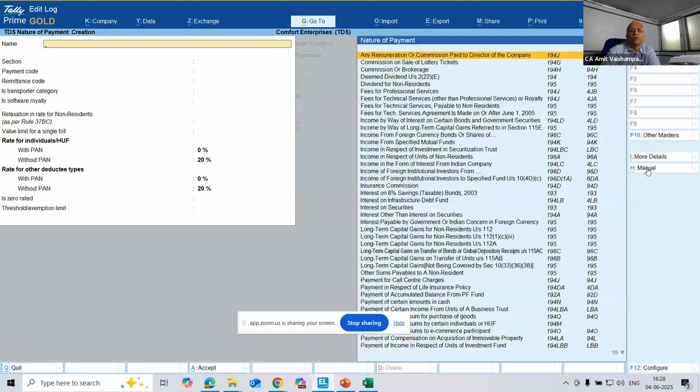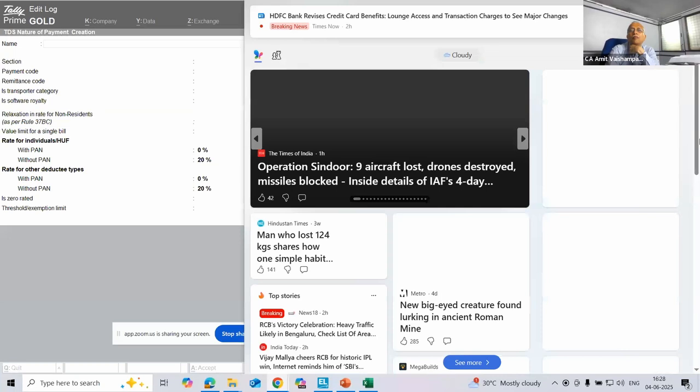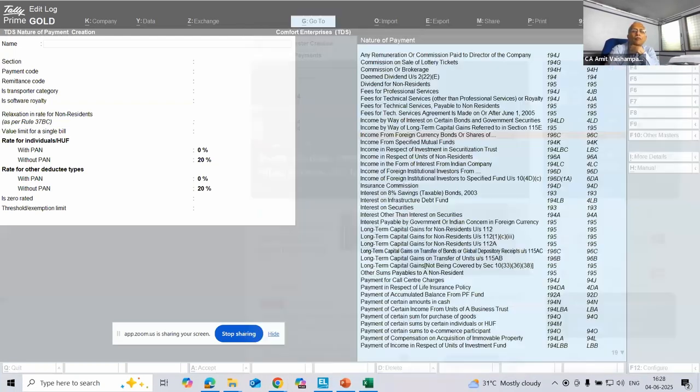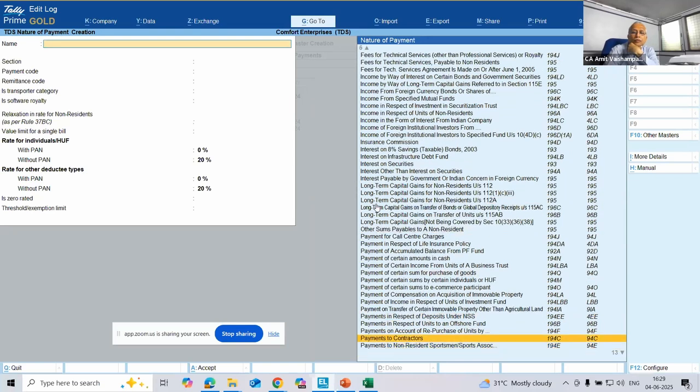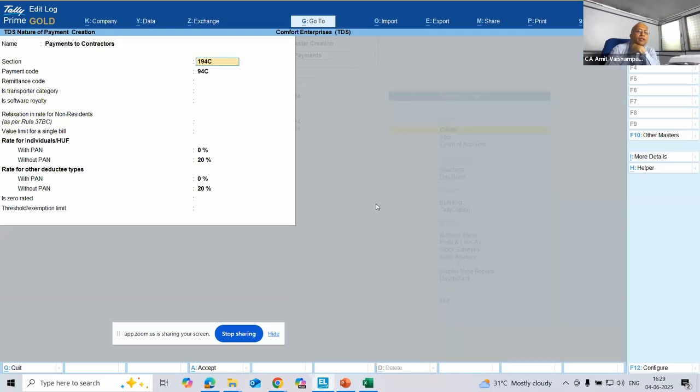We are using this helper, 194C, payment to contractor. So this is 194C, payment to contractors. So I am selecting this 194C.